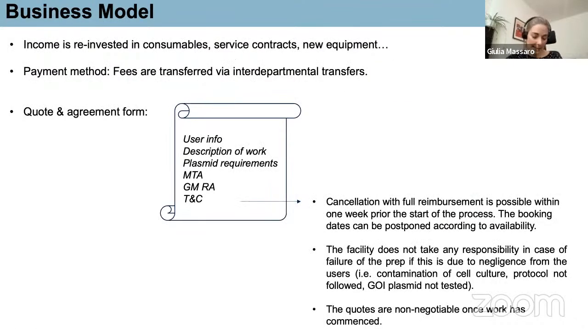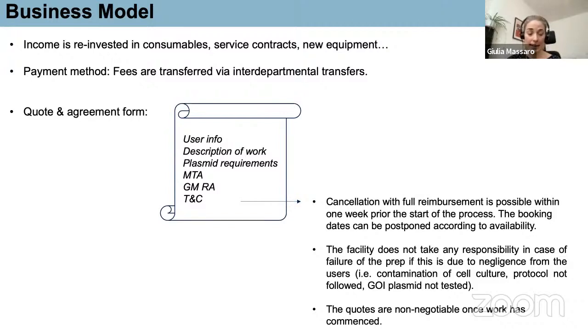So the business model, as I said, is running at cost. We're not making extra money. All the money that we get is immediately invested in new consumables, service contracts, and buying new equipment.